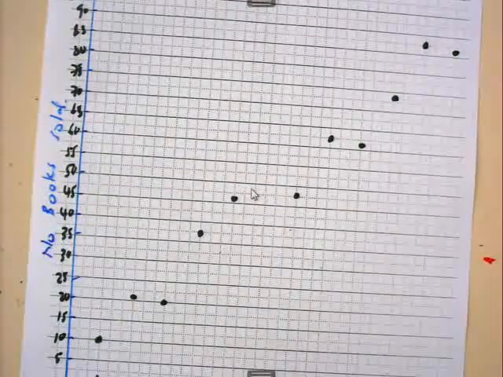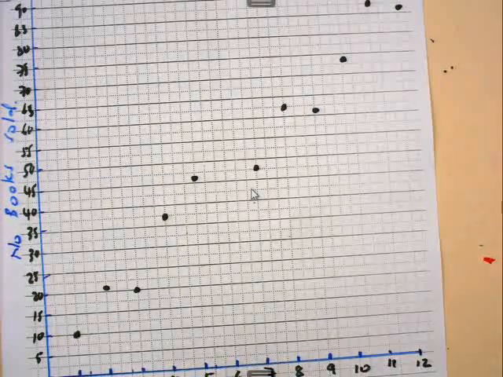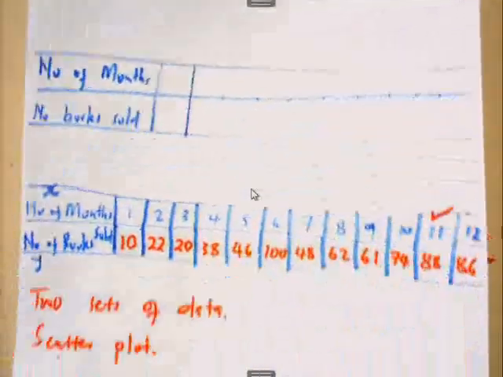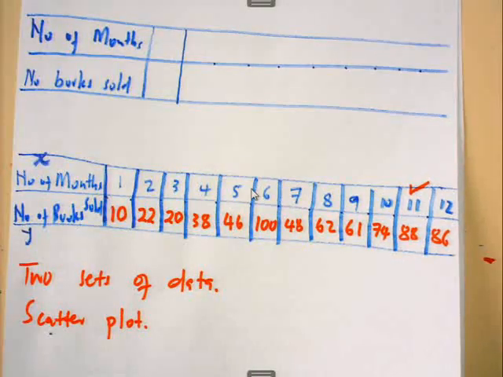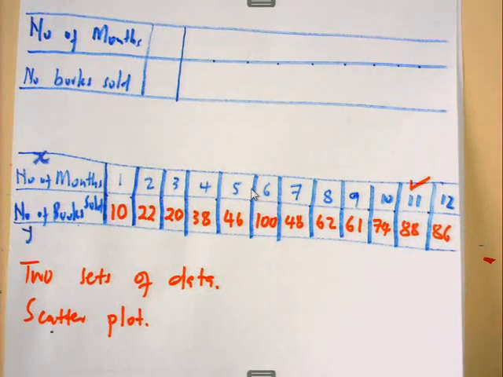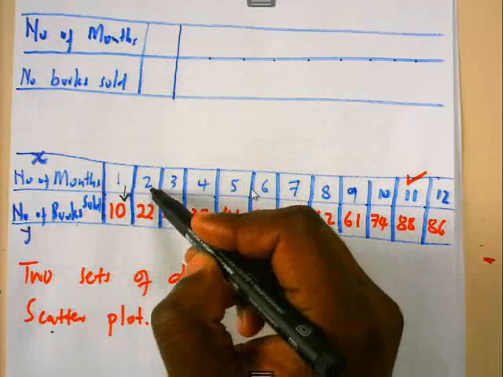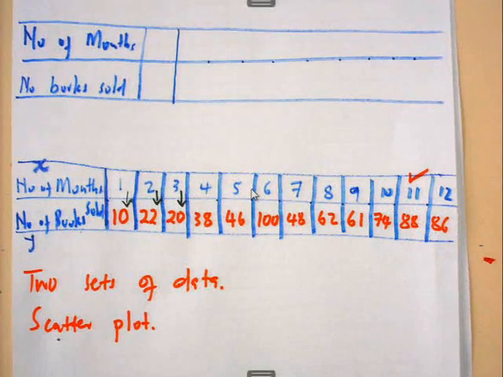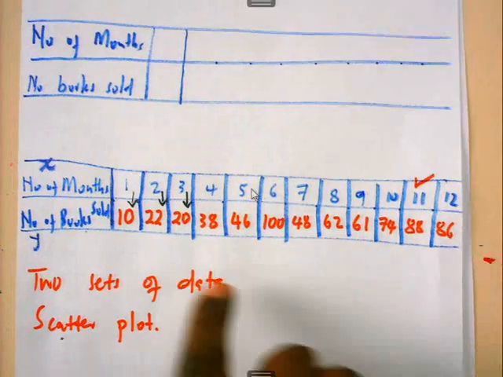This which we have drawn here is what is called then the scatter plot. We have used two sets of data. We are trying to establish the relationship between these two sets of data. You see the two sets of data. We had to make sure that each and every month above, we plot it accordingly with the set of data below, the second row.